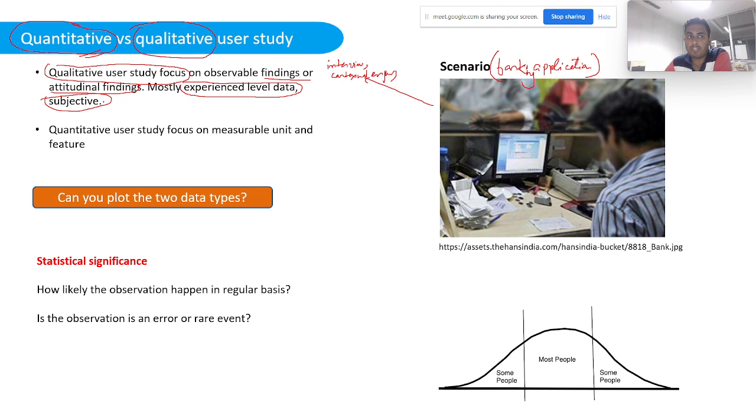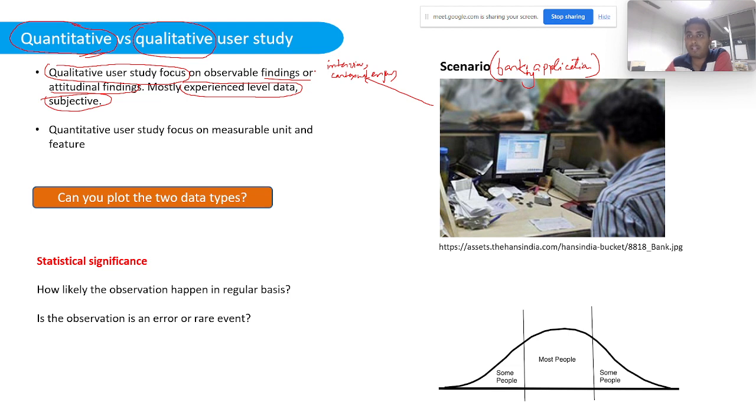That means the information varies from person to person, and it is descriptive. If you want to analyze it, you need to convert it into some sort of data which can be used later for analysis.